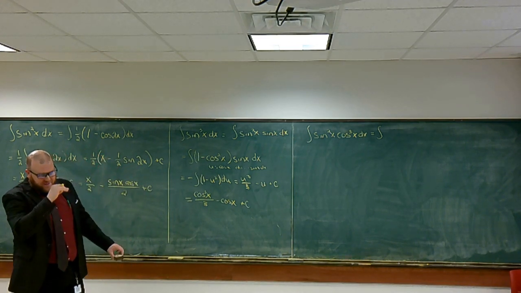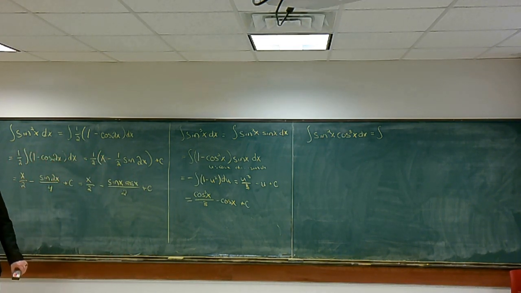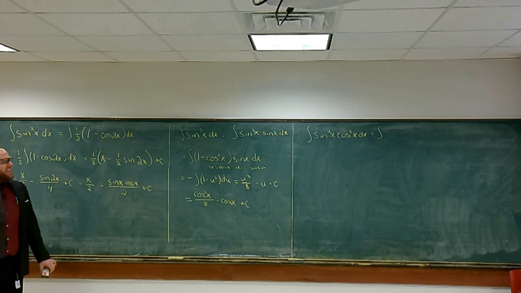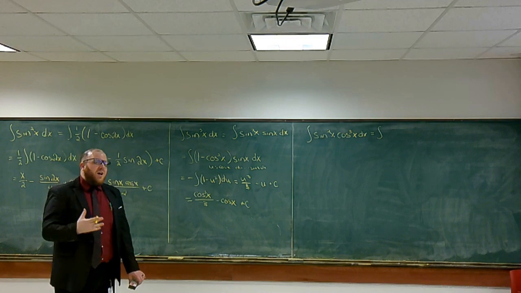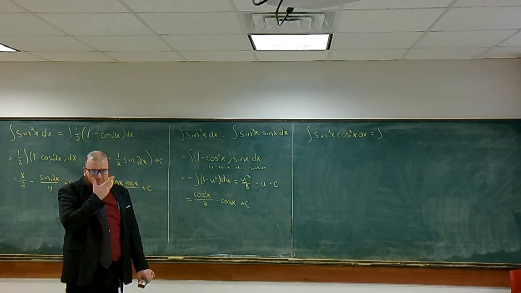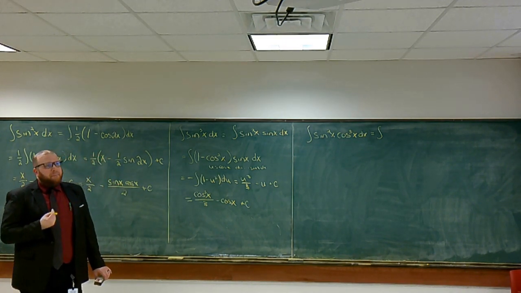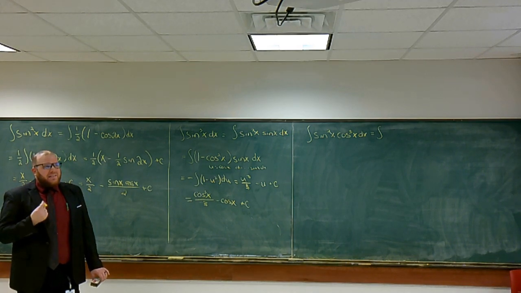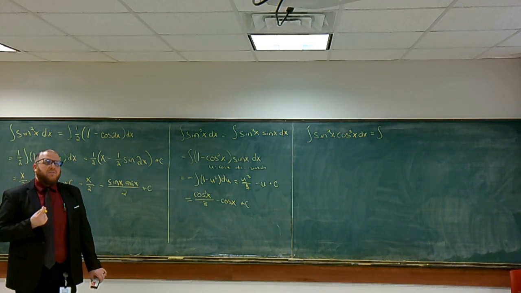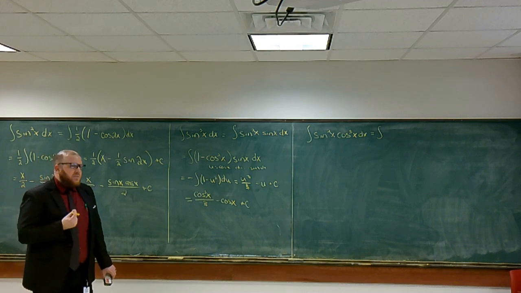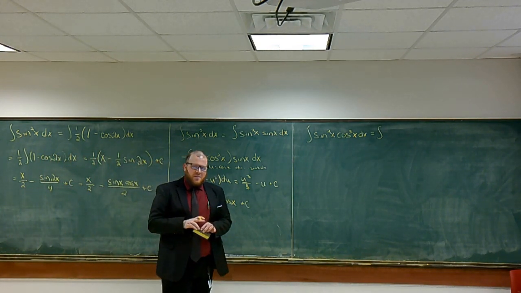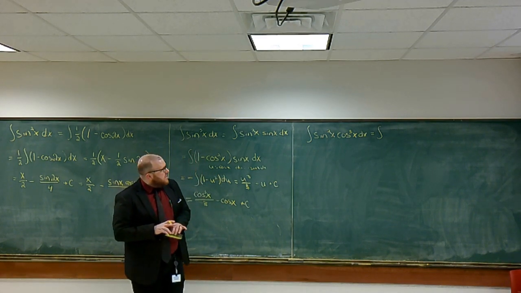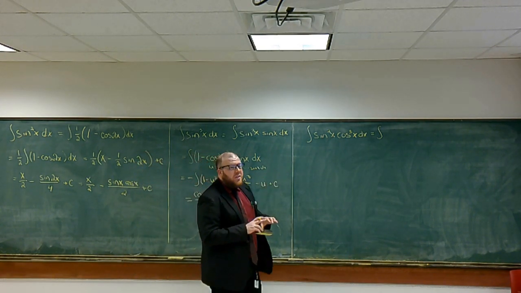So here's where the technique comes in. When you're dealing with antiderivatives involving products of sine and cosine, look for the one that has an odd power. In this case, it's going to be cosine.